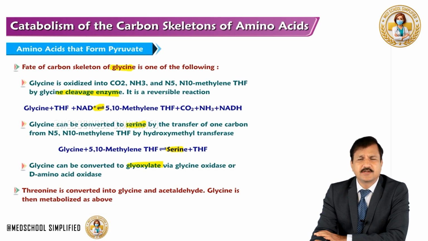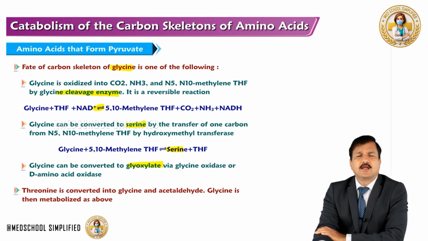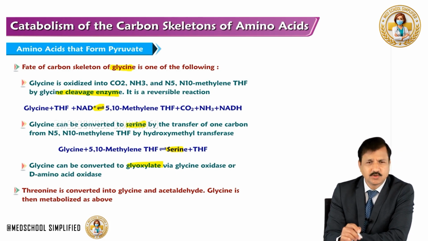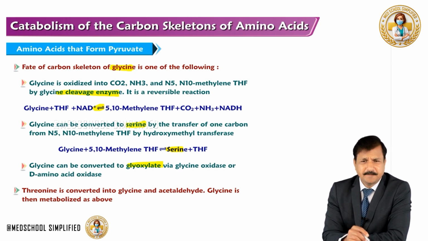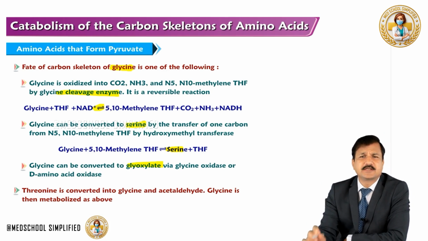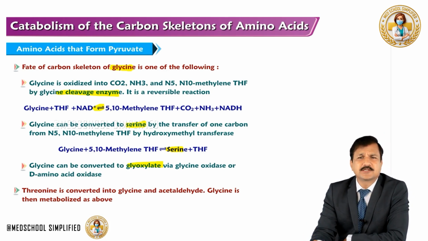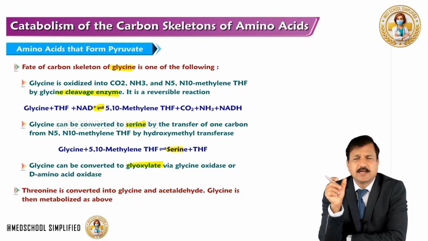The third reaction that you are seeing here is the peroxisomal reaction, and one of the enzymes involved in the conversion of glyoxylate into alanine is alanine glyoxylate transaminase, AGT, and that enzyme is present in the peroxisome. So like this, the carbon skeleton of glycine undergoes three fates.